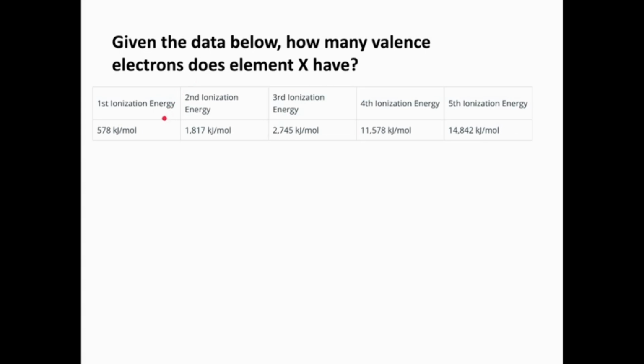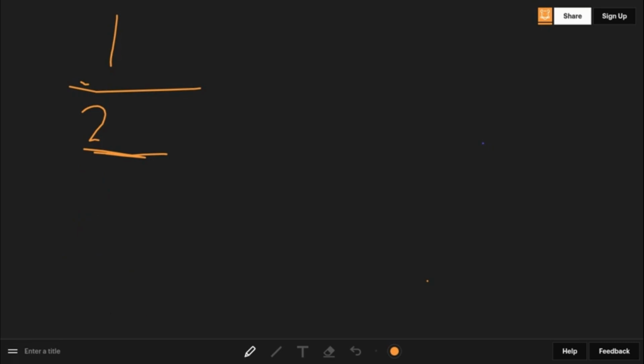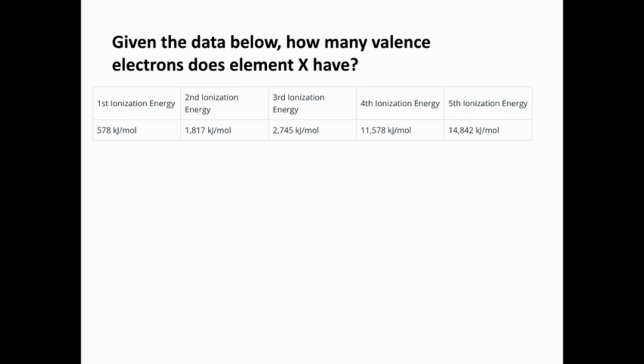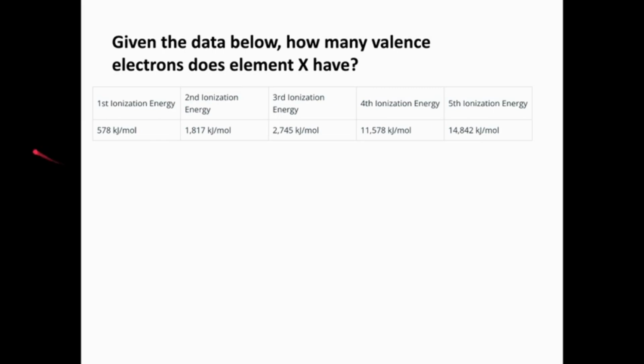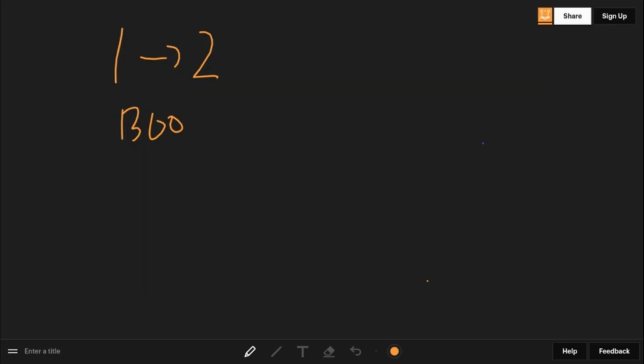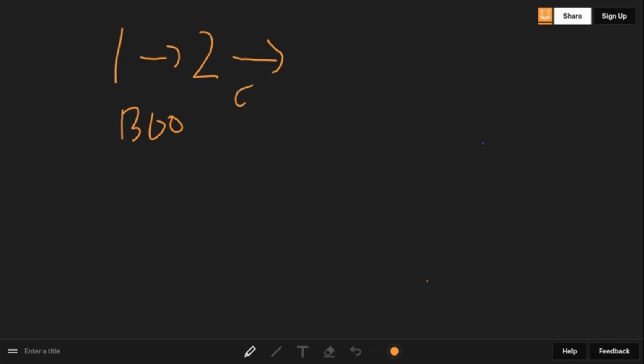From the first to the second, it's just estimating like 1300. Then second to third, we can estimate about 900. I'm just using easy numbers.